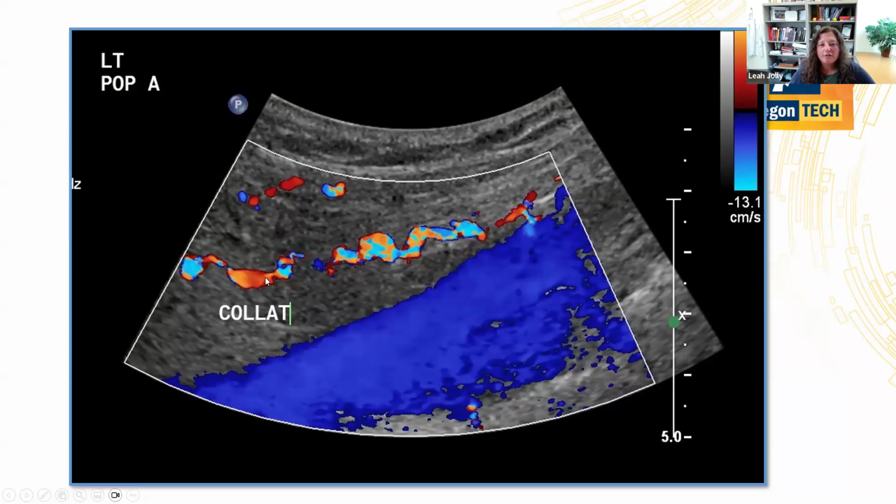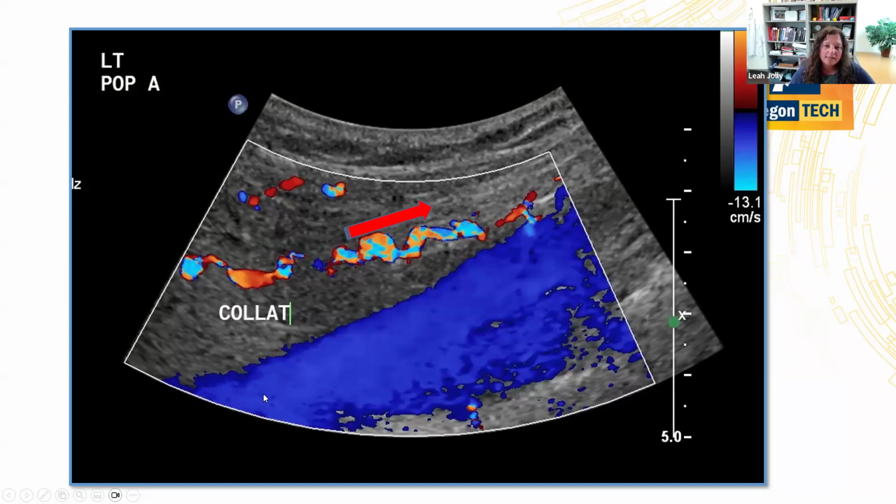So we can see that this, even though there's some color mosaic pattern in there, it's mostly red. And if we look at the color scale over here, red is moving towards the transducer. So if we have our probe oriented correctly, this arterial flow is moving towards the feet. So that's the correct direction.